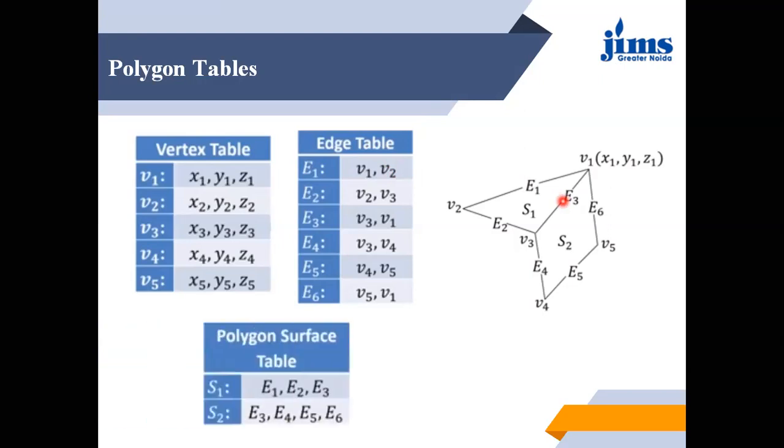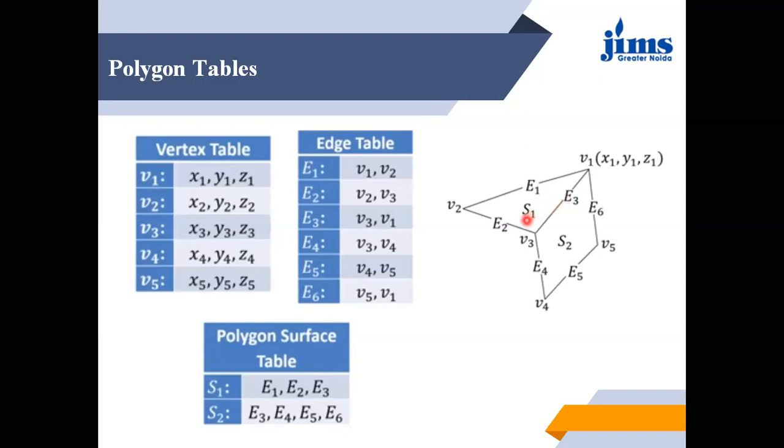So the third one is the polygon surface table, where it represents how many different faces this polygon has, and as the polygon is made up by the joining of different edges, we have to store the information of edges that are connected to form a surface.